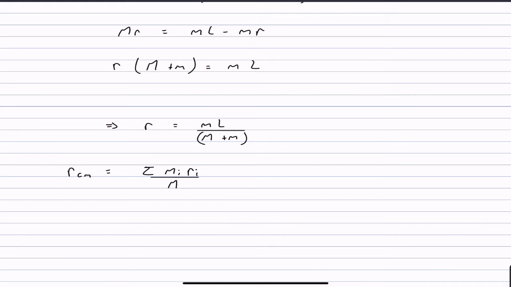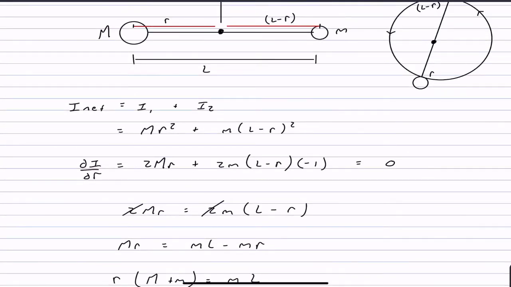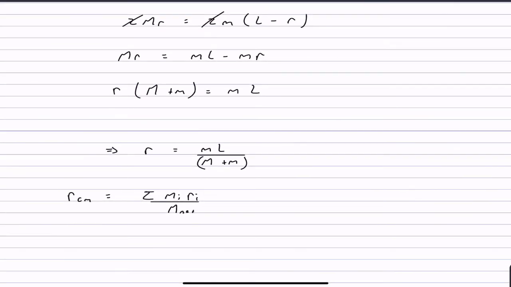We'll call this mass net, right? So for our system, if we define this to be 0, so this is going to be big M times 0, plus little m times L. This is L. So we're just going from 0 to L.